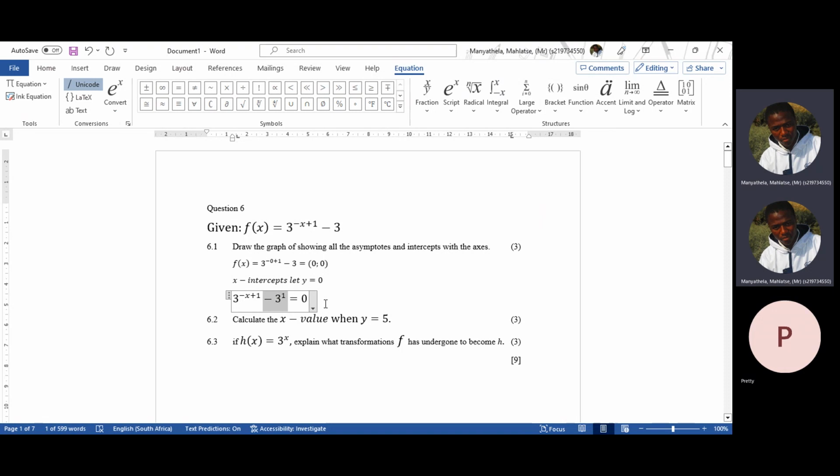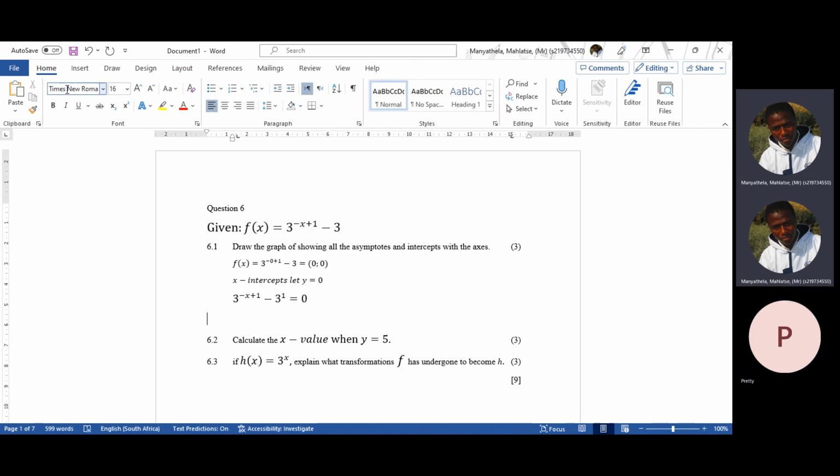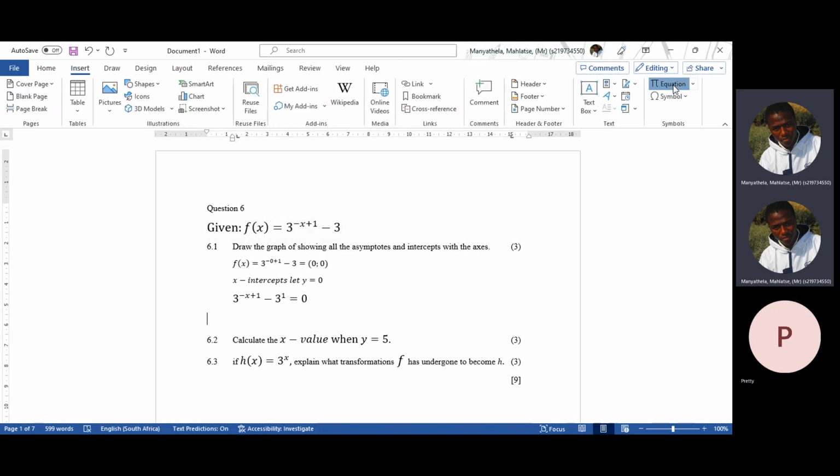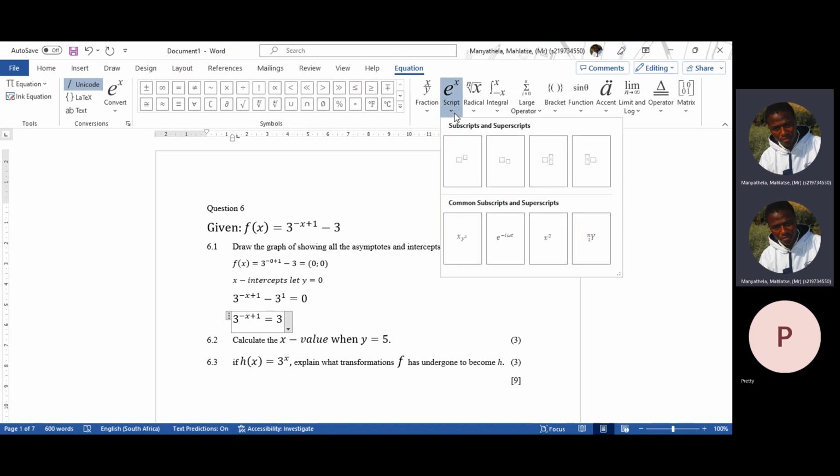So it will be 3 to the exponent negative x plus 1 equal to 3 to the exponent 1.